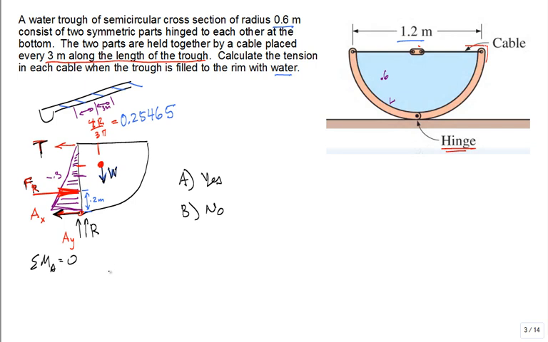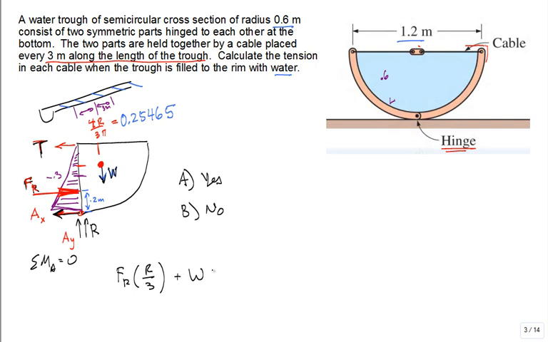Hence, I would be able to say F of R operating at, let's say, a radius divided by 3, 1/3 up from that point A. That makes it want to rotate in the clockwise direction, plus the weight.